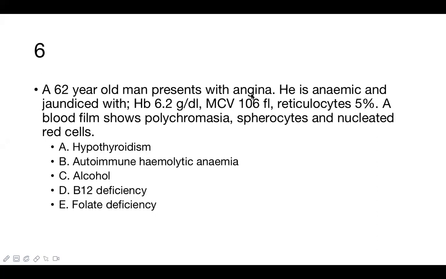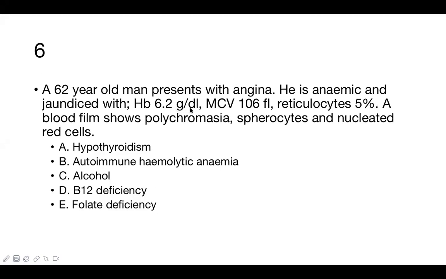Now, I should explain two things here: why angina and why MCV is more than 100. Now, in hemolytic anemia, the bone marrow is working excessively. Okay, I was talking about this case. This is a 60-year-old male who presents with angina, is anemic and jaundiced. Hemoglobin is very low, less than 7.